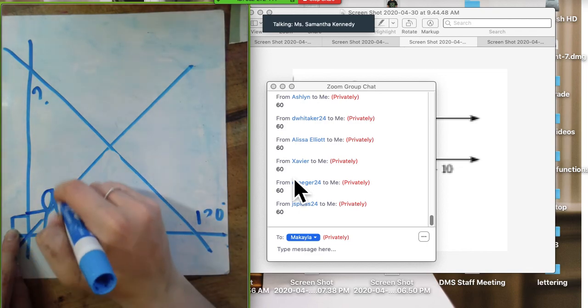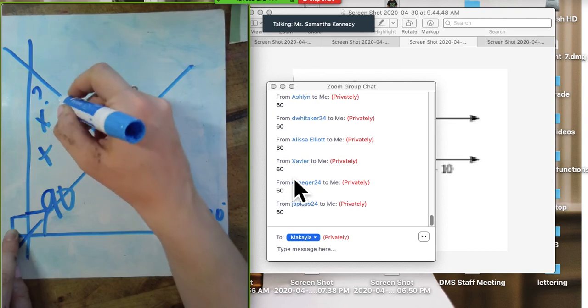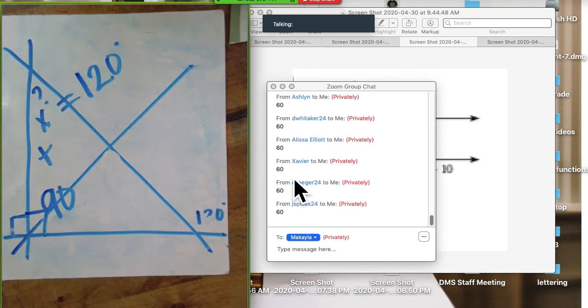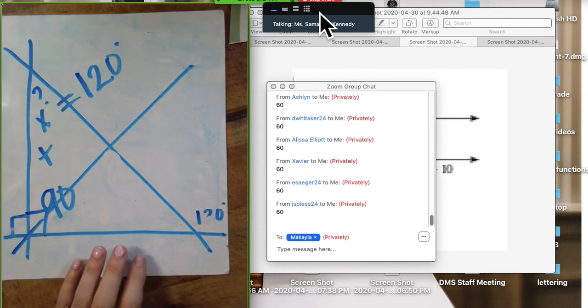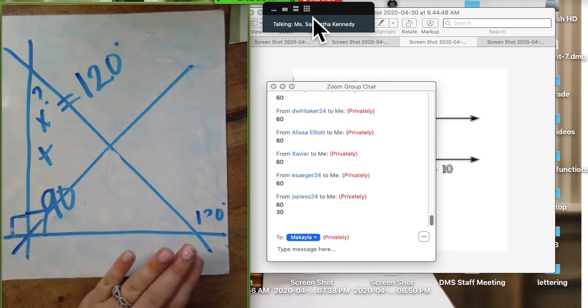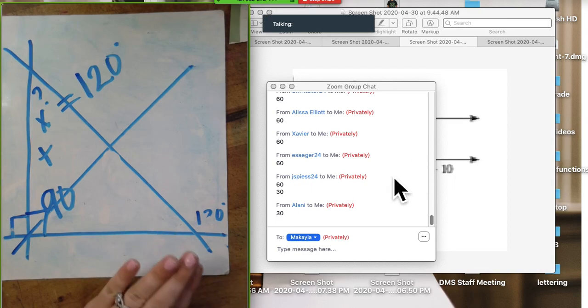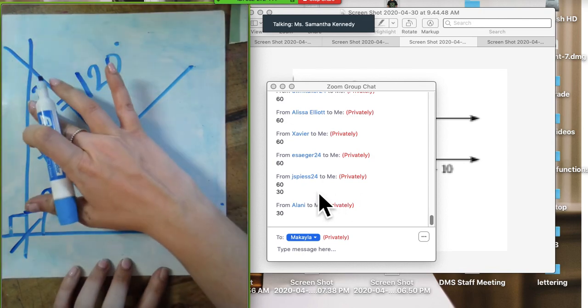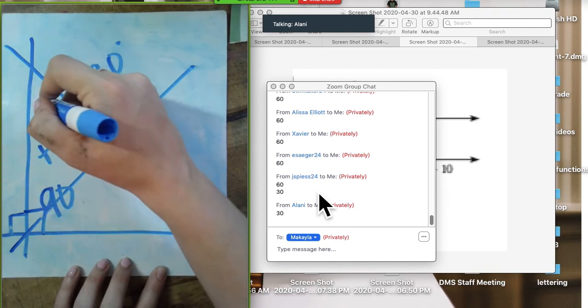So it would be 90 plus x equals 120. So then what would that make x? Somebody go ahead and give me the answer. Alani, what did you get once we looked at it this way? I got x equals 30.